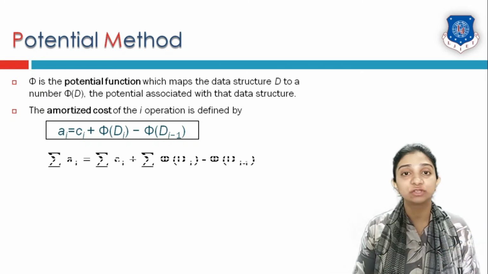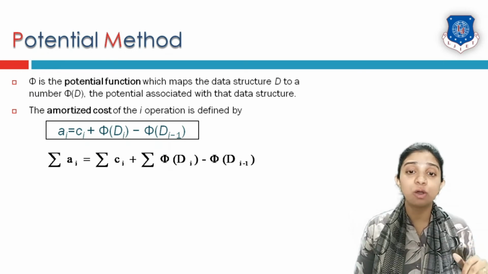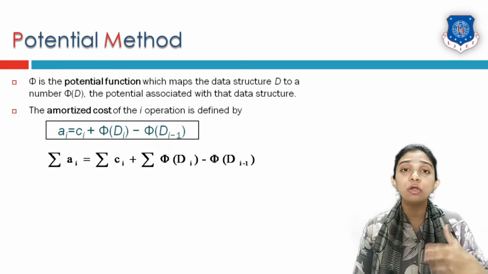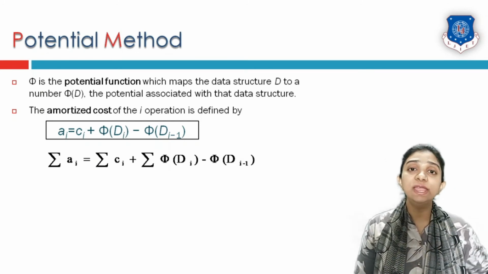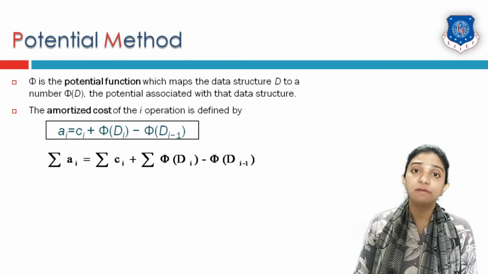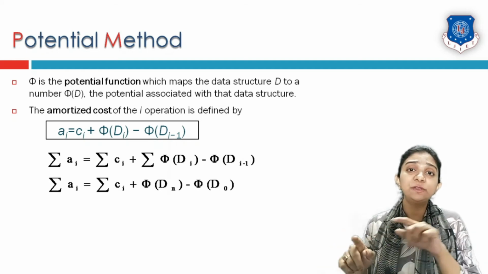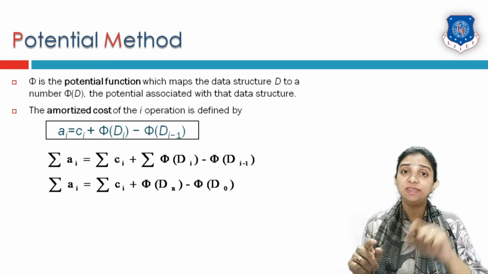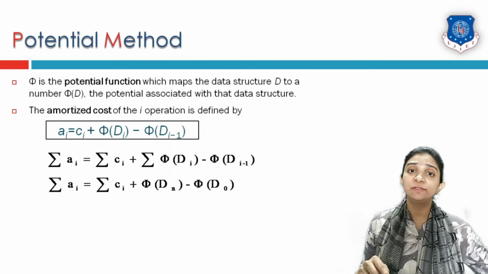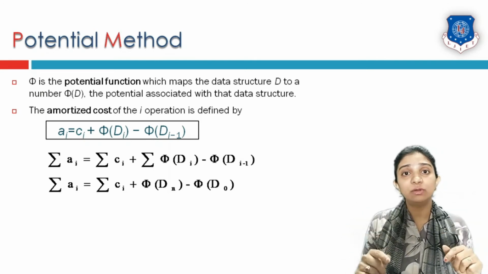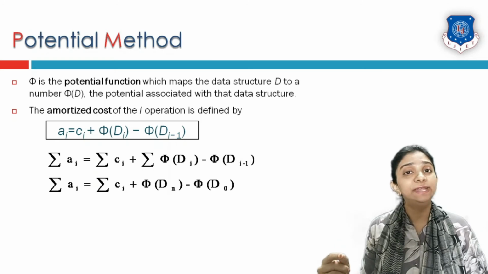So the summation of all these amortized costs is the summation of all costs of transforming plus all the differences in potential of the data structure. So if I say the difference between D0 and D1 plus the difference between D1 and D2 plus the difference between D2 and D3 up to the difference at Dn, it can also be written as the difference between D0 and Dn.